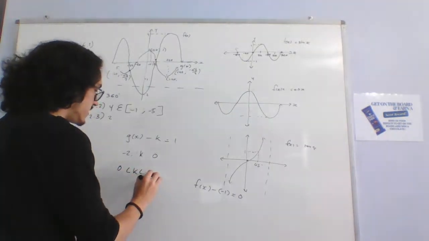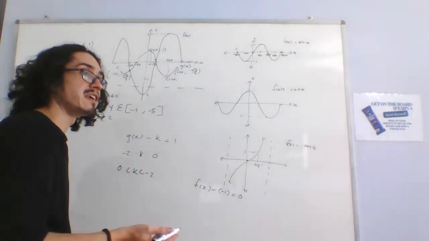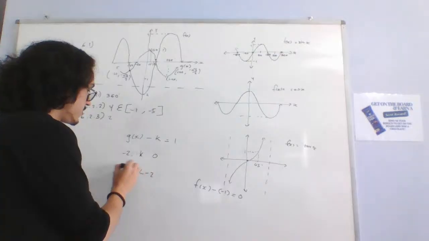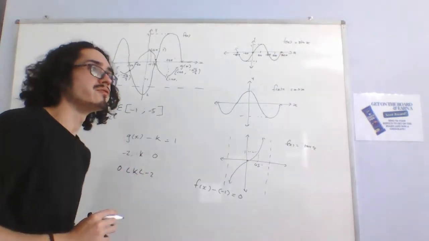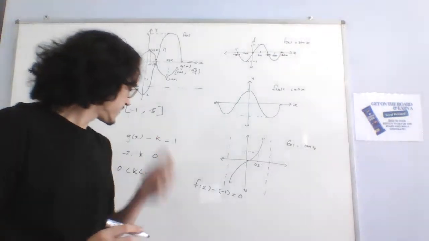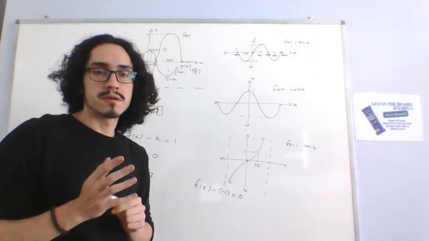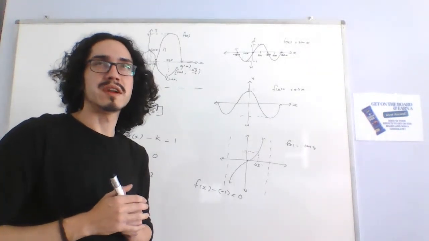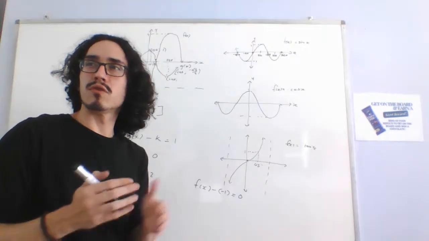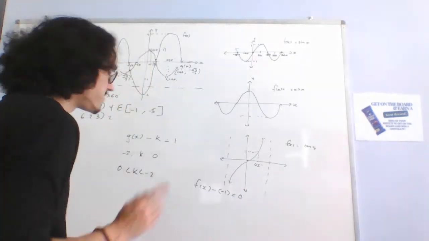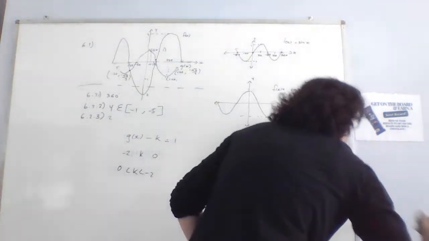Greater than 0 would give us non-real roots, and less than or equal to -2 gives no real roots. So it's going to be two separate regions, I'm thinking.